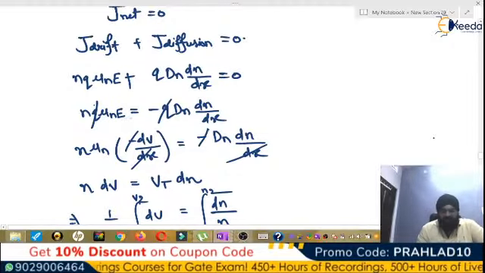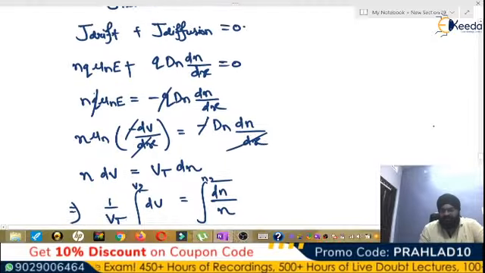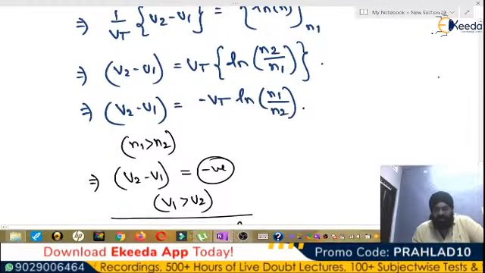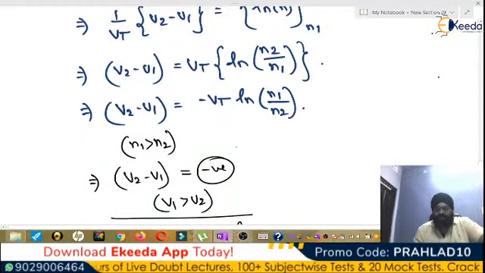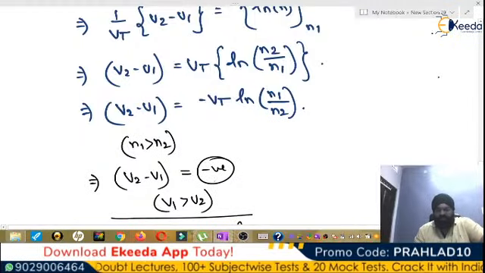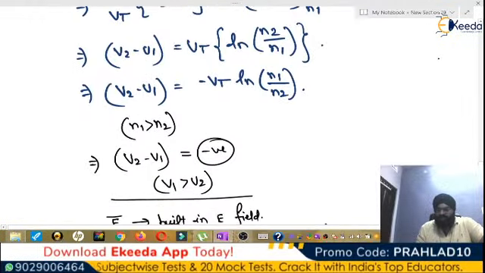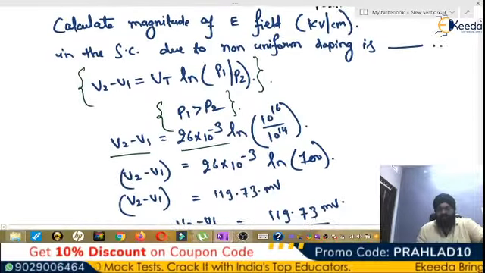When we solve in a similar manner as we did for the p-type semiconductor, the expression comes as V2 minus V1 is equal to minus Vt ln N1 by N2. So here V2 minus V1 is negative, which means V1 is greater than V2. Based on this, these questions are of graded semiconductors.